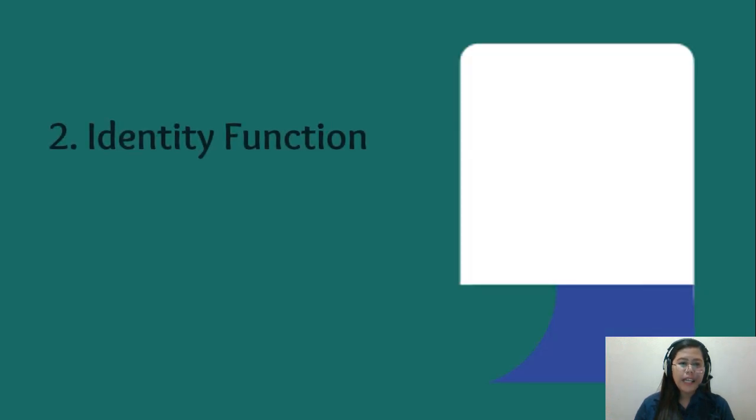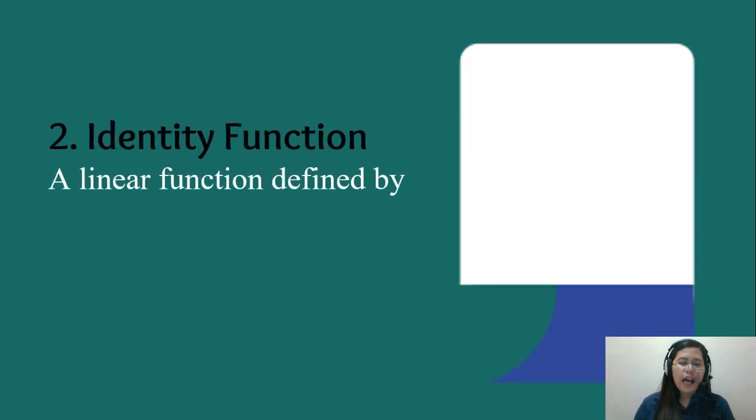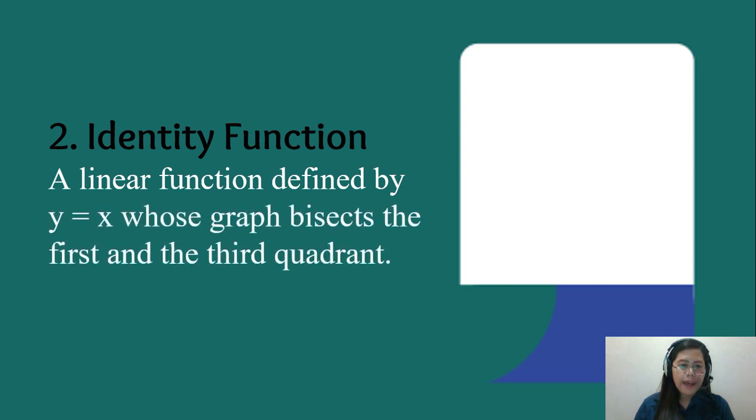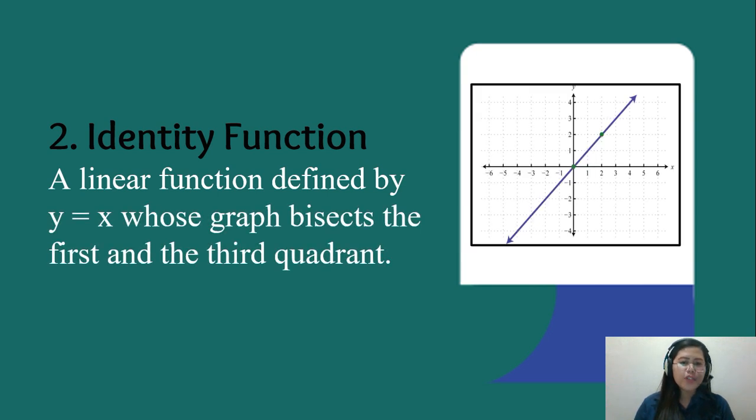Next, identity function. A linear function defined by y is equals to x, whose graph bisects the first and the third quadrant. So, alam naman po natin na sa graph na to, ito si first quadrant, second quadrant, third quadrant, and then fourth quadrant.